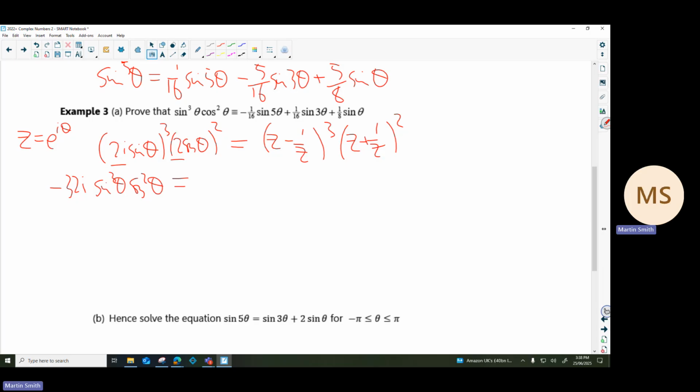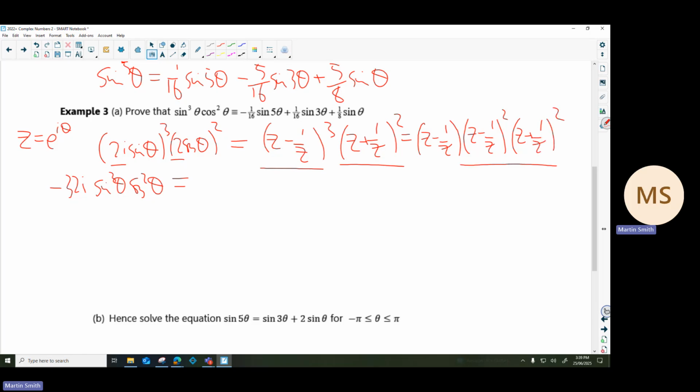I now need to expand the thing on the right-hand side. Now it's completely acceptable to expand that by doing a binomial expansion, and then multiply those together. There is a neat trick that makes the algebra a little bit nicer in this case, using a kind of difference of two squares logic, which is to rewrite this as z minus 1 over z times z minus 1 over z all squared times z plus 1 over z all squared.